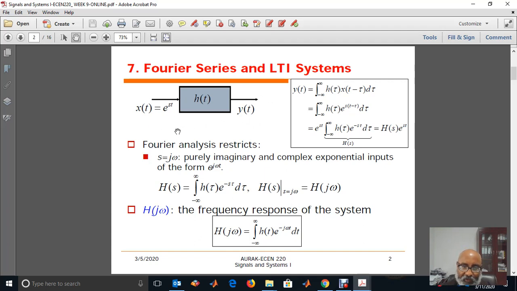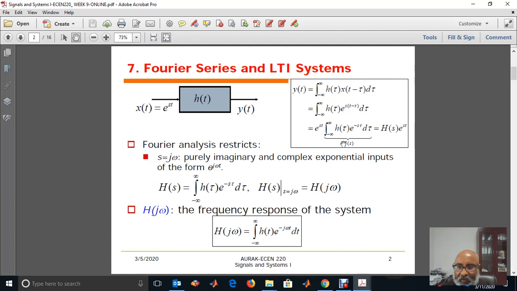As you know, if I have an input x of t, the output y of t is x of t convolved with h of t. Y of t is equal to the integral from minus infinity to infinity of h of tau x of t minus tau d tau. If I have an exponential input e to the power of st, where s is a complex number, then t is changed to t minus tau.